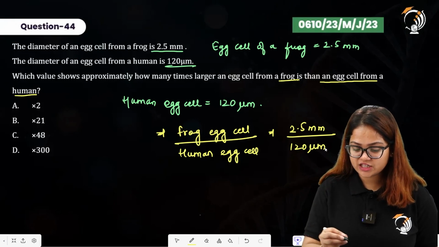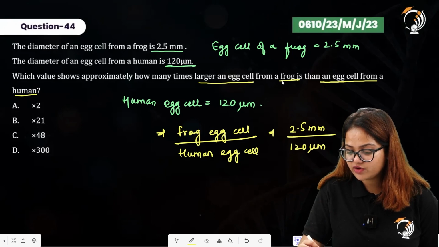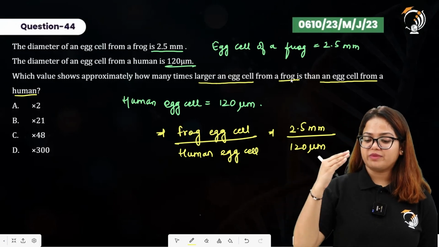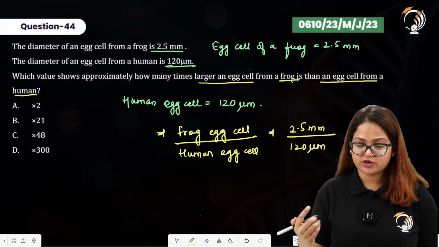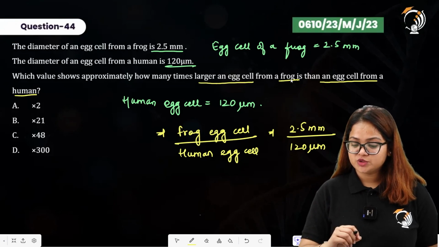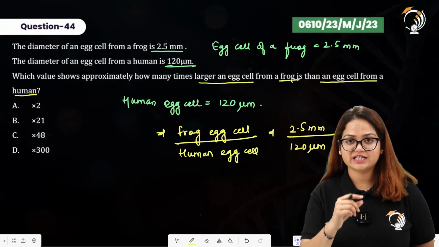Since the question asks by how many times larger the frog egg cell is, we can also compare the units. Micrometer is the shorter unit and millimeter is the larger unit. So the frog egg cell is larger, whereas the human egg cell is smaller.